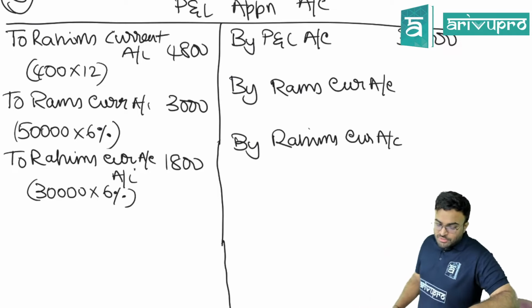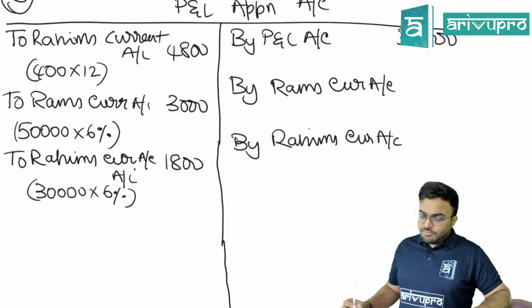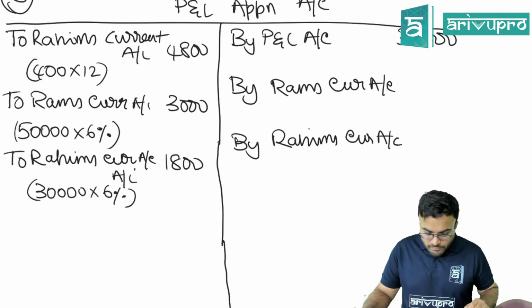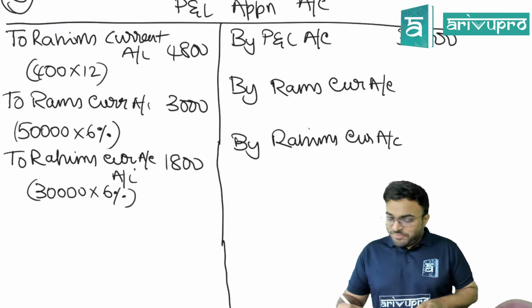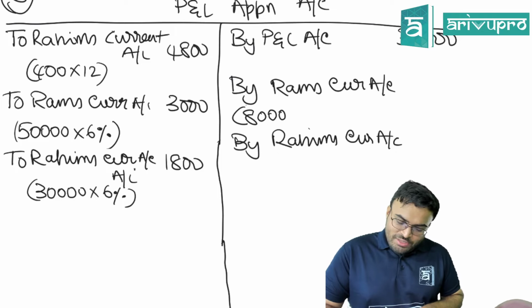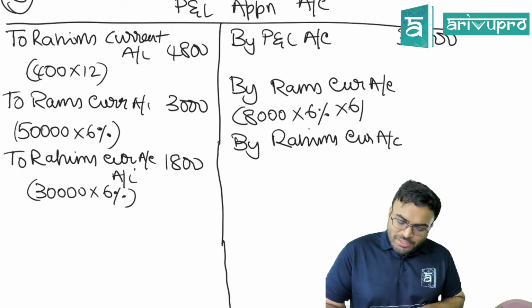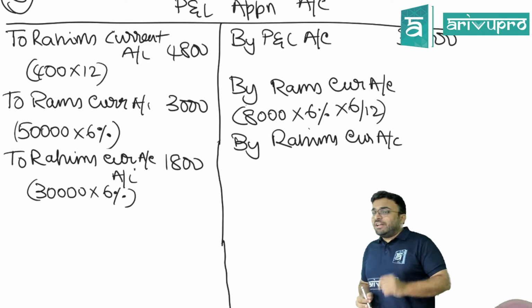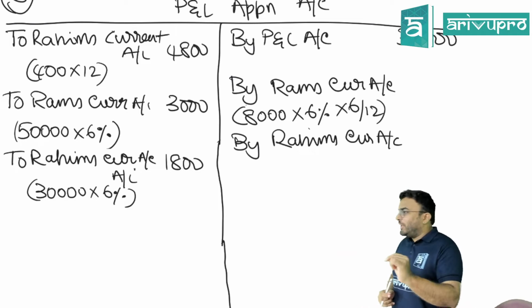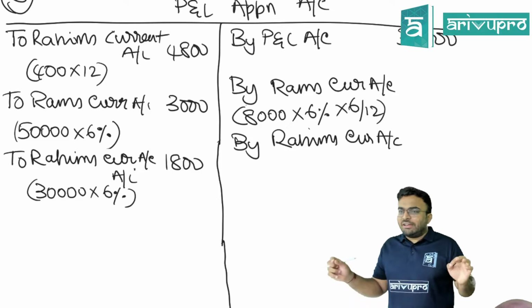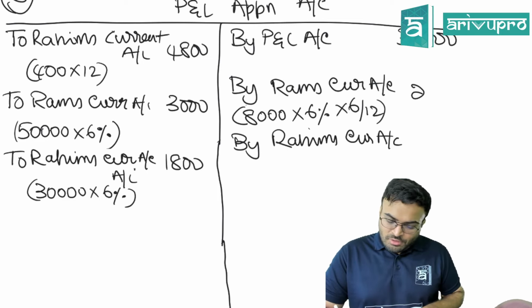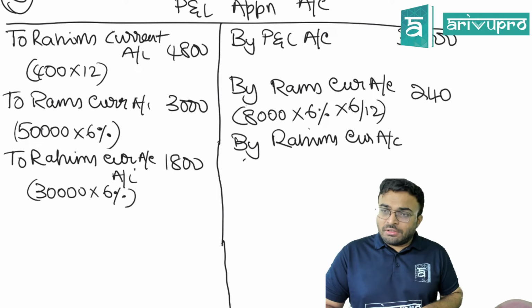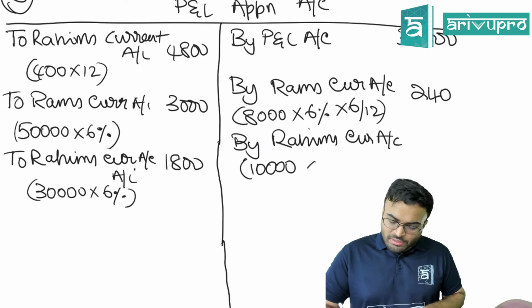Now you should tell me how to do this. 8,000 into 6% into 6 by 12. Why? Because of one concept we studied yesterday. If they don't tell you anything and just give the drawings, then it is assumed that drawings are evenly taken. That means 6 by 12 you have to calculate. The amount is 240. The other person's drawings: 10,000 into 6% into 6 by 12, 300.